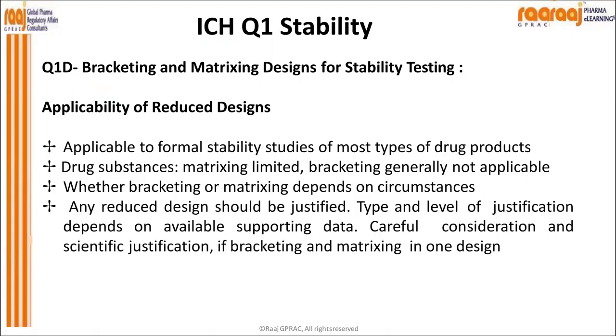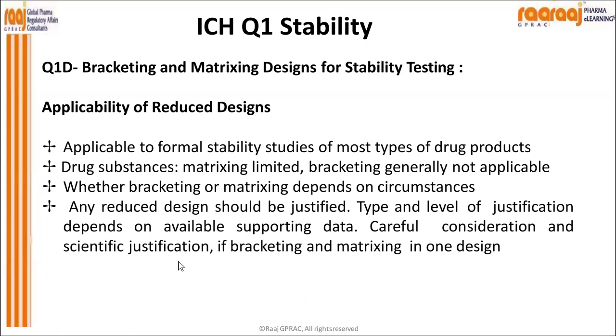So in certain cases, the matrixing and bracketing is allowed, but you should be in a position to justify. Okay. For drug substance, matrixing is limited. Bracketing generally not applicable. So any reduced design should be justified. Type and level of justification depends on available supporting data.